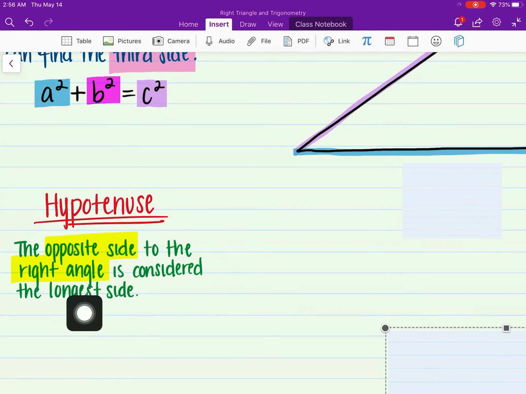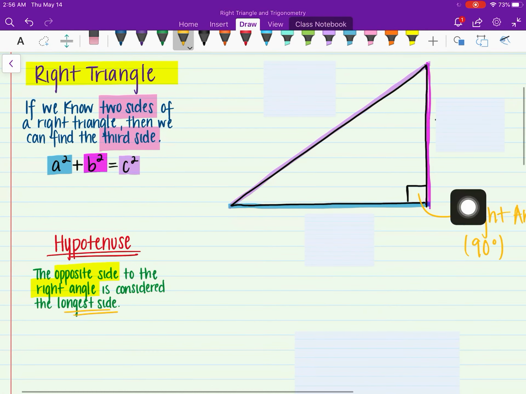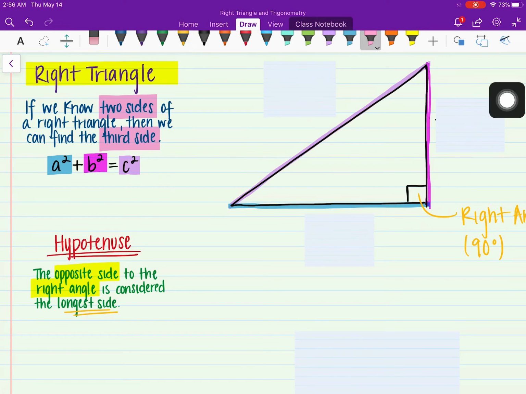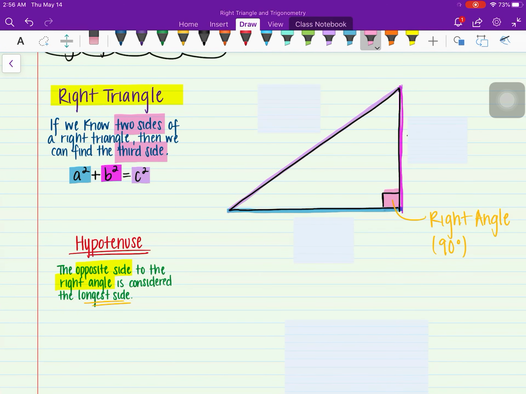And technically, the hypotenuse is considered the longest side of the triangle as well. Now, we do know that the right angle in this case would be this here. Let me go ahead and highlight that in pink. Would be that there. And if I want to go ahead and find the opposite side to the right angle, that would be this side here. So then the side opposite to it would be the one that's across from it.